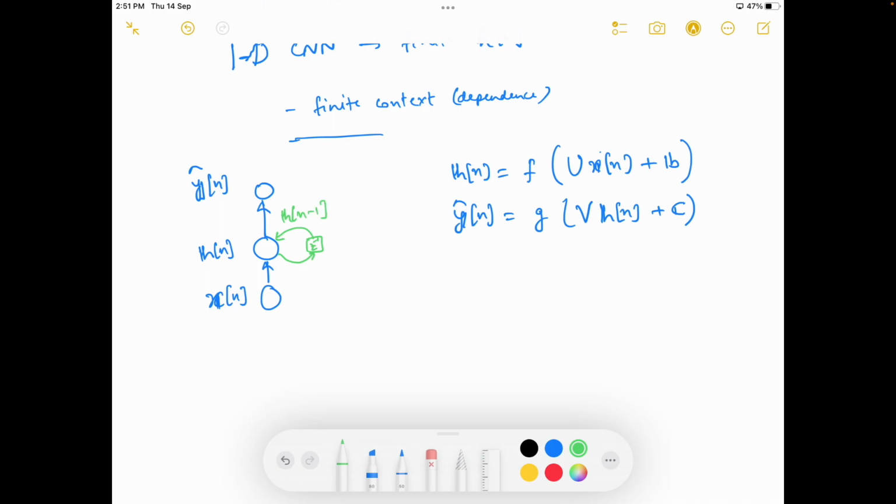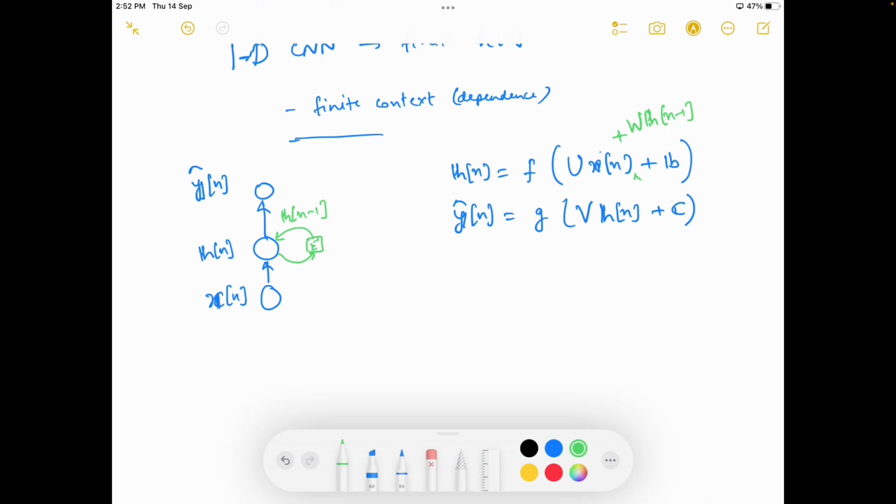So basically my h of n, okay, plus some W times h of n minus 1 also. So my h of n depends not only on x of n but also on h of n minus 1 plus b.